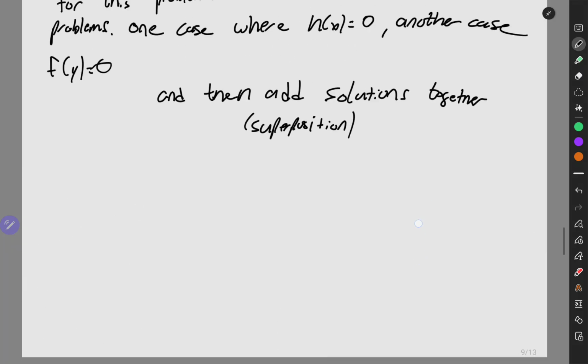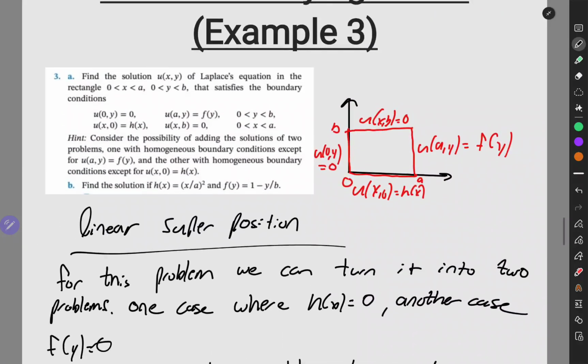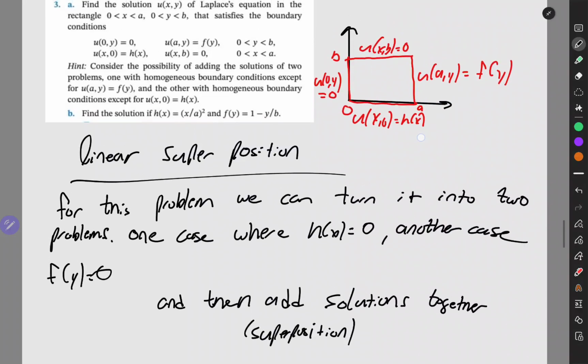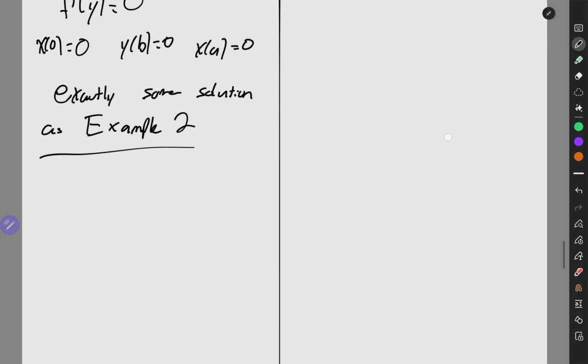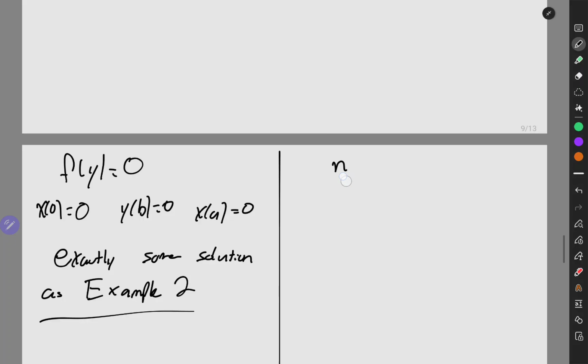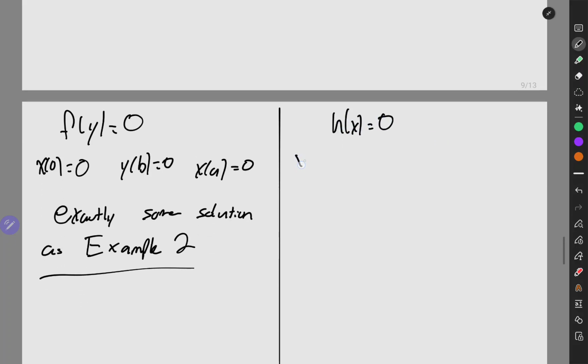Now for the second one here, we have h of x is 0. If h of x is 0, then we're going to be left with x of 0 is 0, y of b is 0, and y of 0 is 0. So this one's going to be a little bit different than what we've been doing.